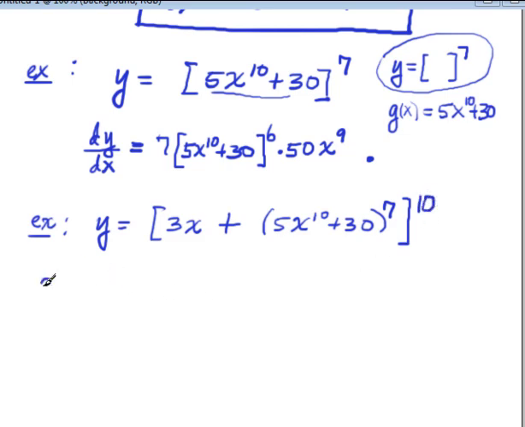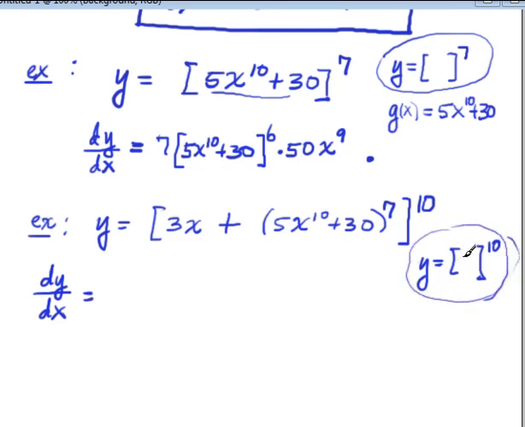Let's figure out dy dx. The outer function is bracket, exponent 10. We could think of this as the outer function. We could put a u in there if you want to put in the variable. So first the derivative of our outer function: bring down the 10, change the exponent to 9, and copy over this inner function exactly as is.